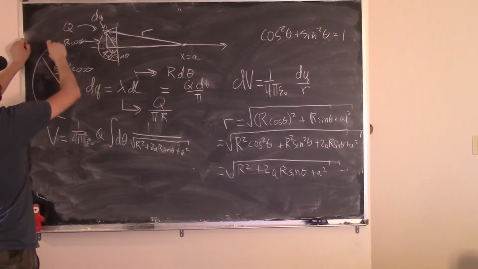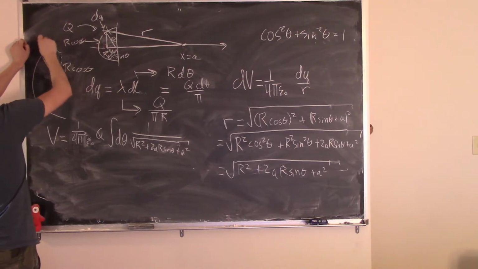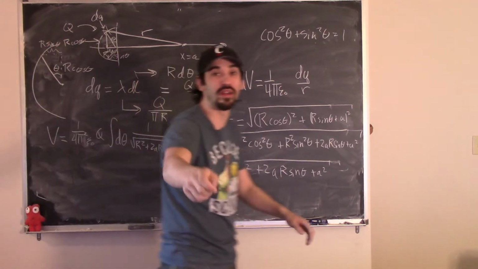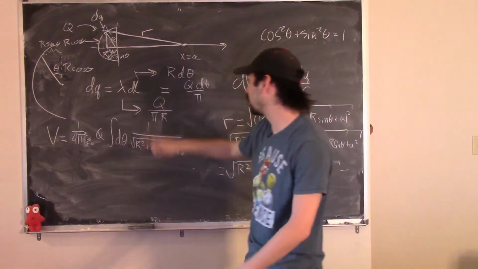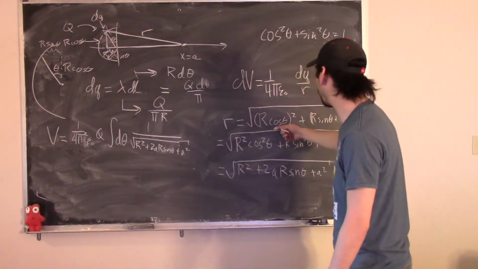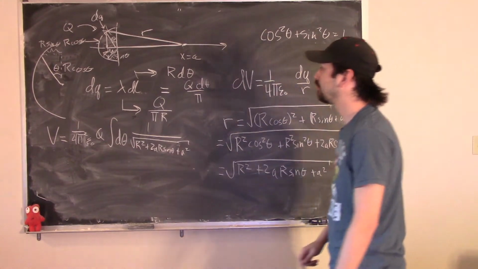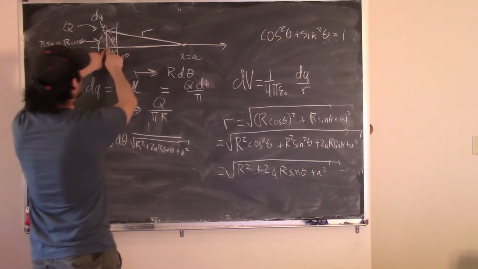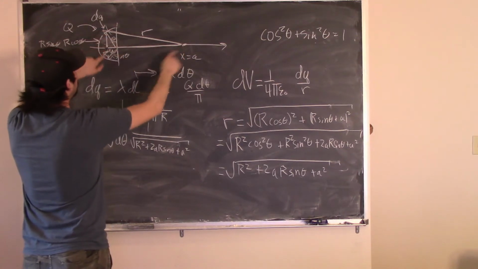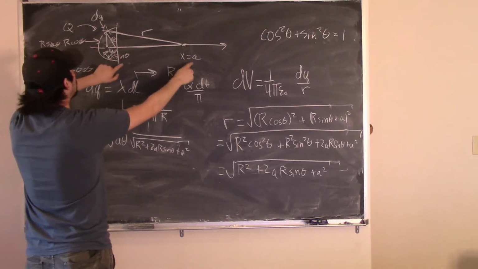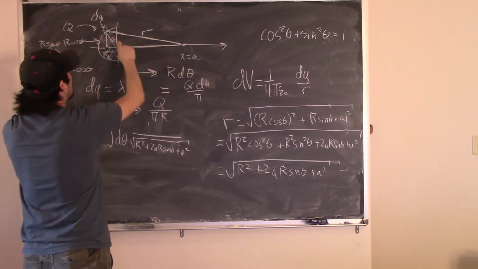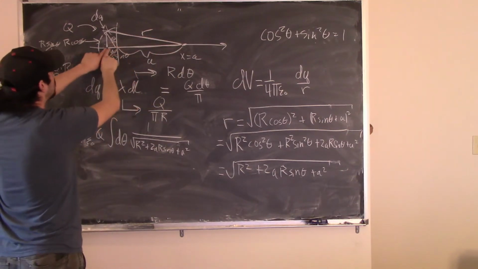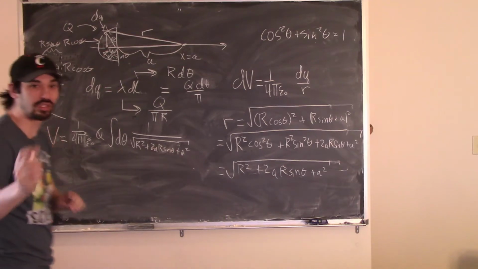And the opposite side is r sine of theta. Ask me again if that doesn't clarify it, but that's basically why I had the r cosine of theta and the r sine of theta. And ultimately, for the x distance that I am from this, it's going to be r sine of theta plus a, because a is the distance here, and the r sine of theta is this distance. So that's ultimately why that is.